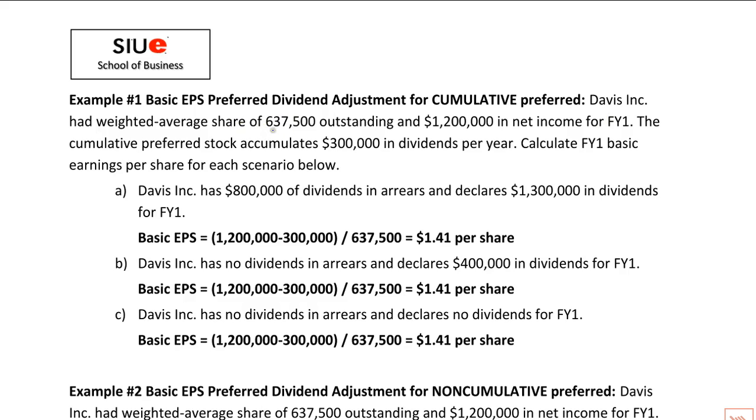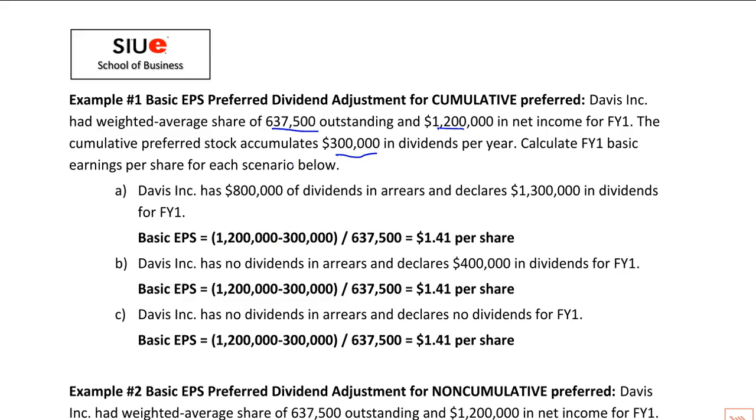Weighted average shares are 637,500. So we're not really worried about that calculation here. They have 1,200 in net income. So in all cases, it'll be 1,200 net income. The cumulative preferred stock accumulates 300,000 in dividend per year. Calculate basic EPS for each scenario.